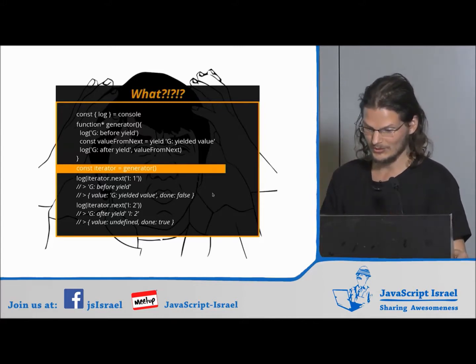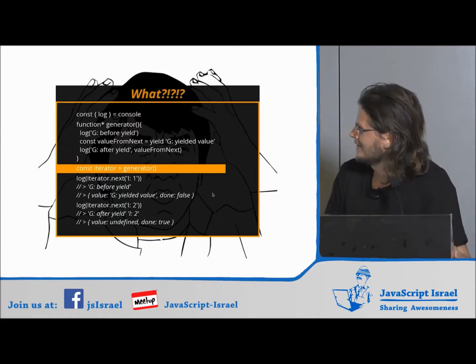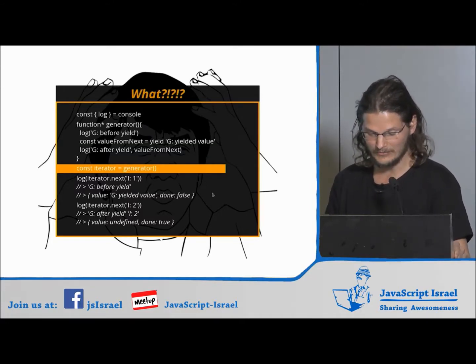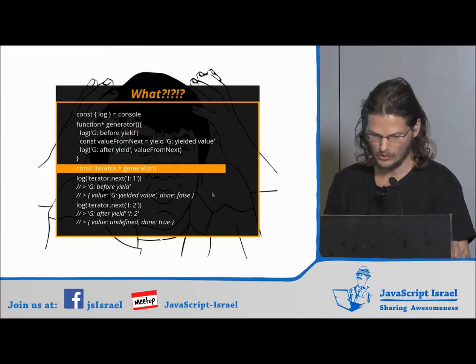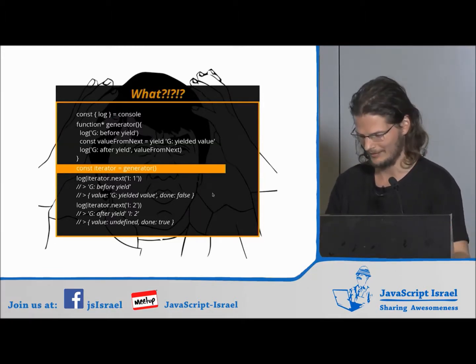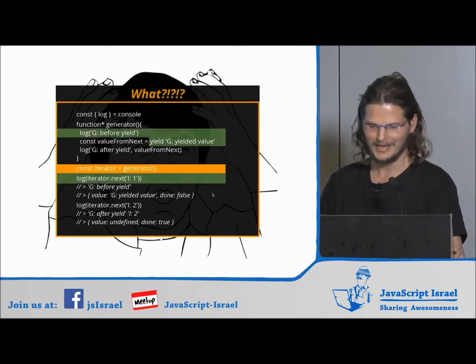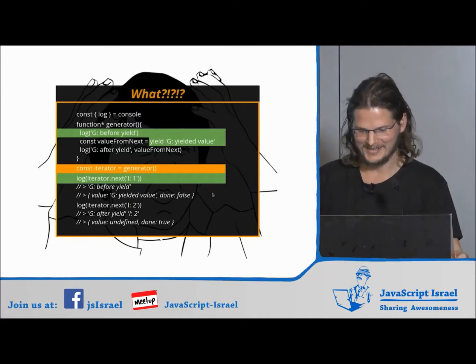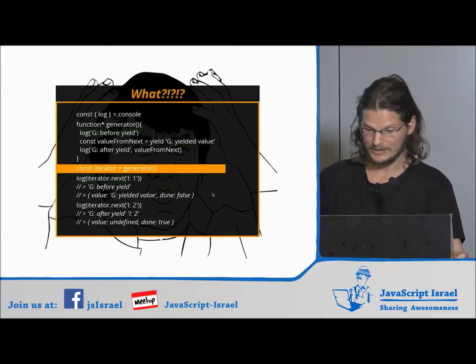Basically, let's follow this with colors. This is the same code, only without syntax highlighting, because you can't have both syntax highlighting and background colors, it's very complex. So let's just follow this.